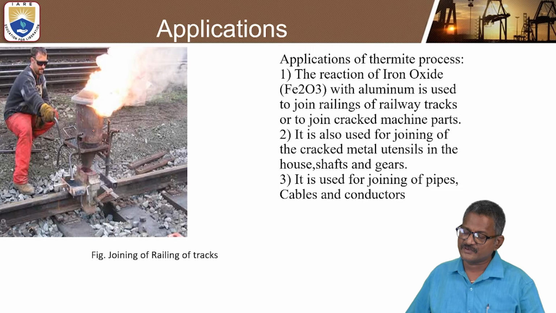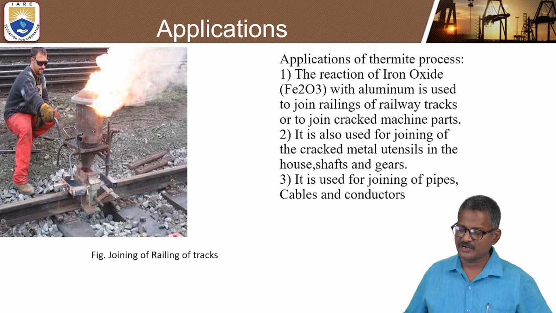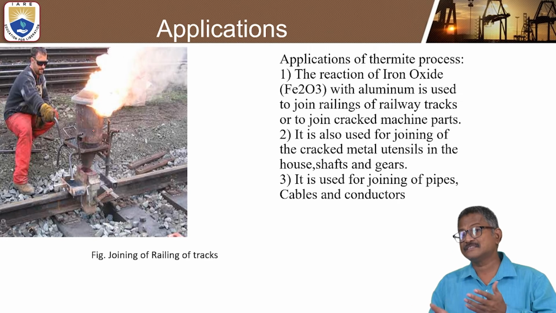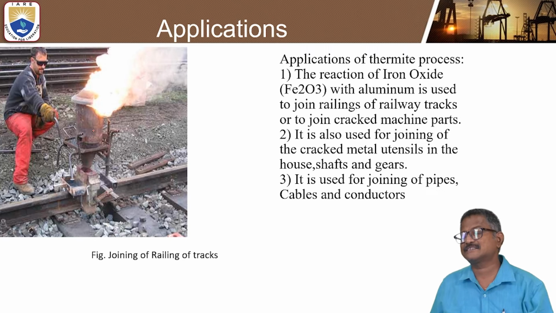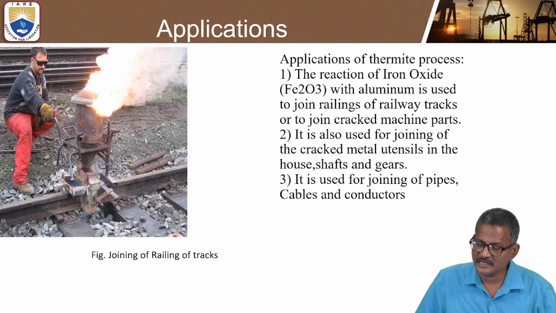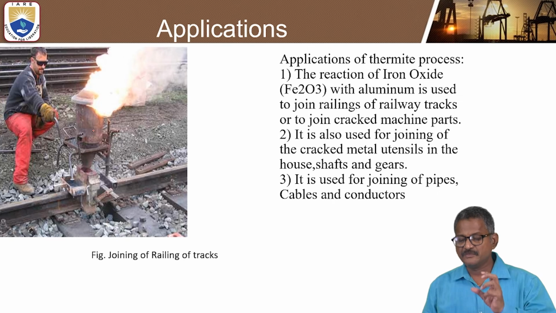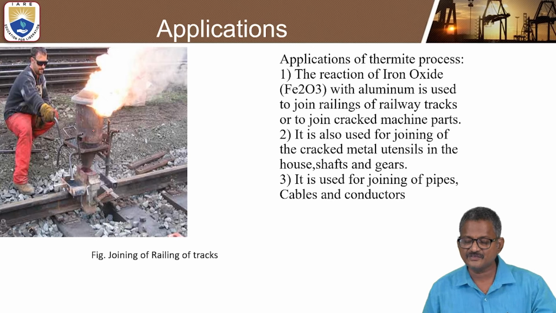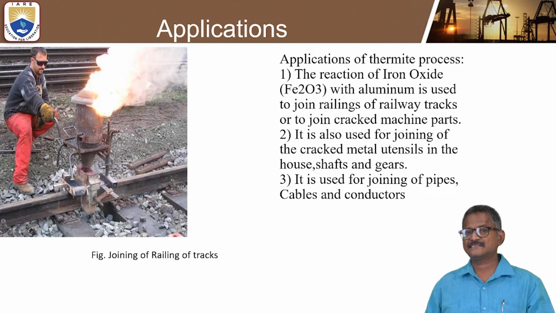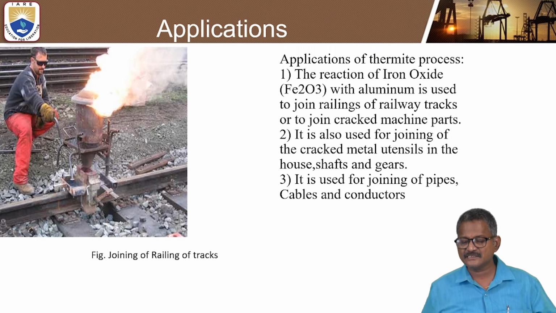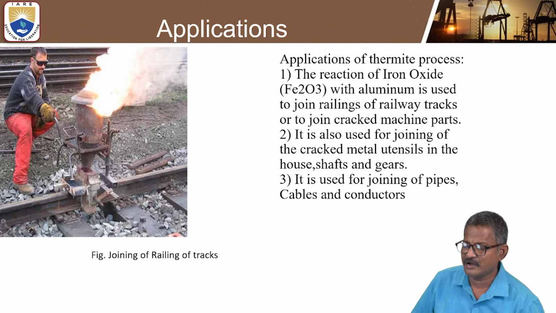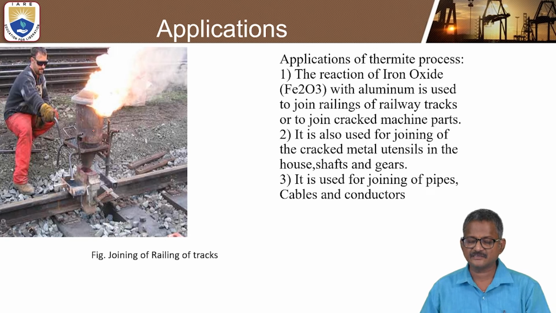It is also used for joining pipes, cables, conductors, etc. But mainly in thermite welding, the reaction of iron oxide Fe2O3 with aluminum is used for joining rails.